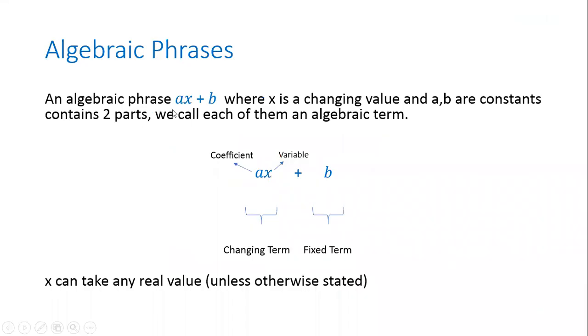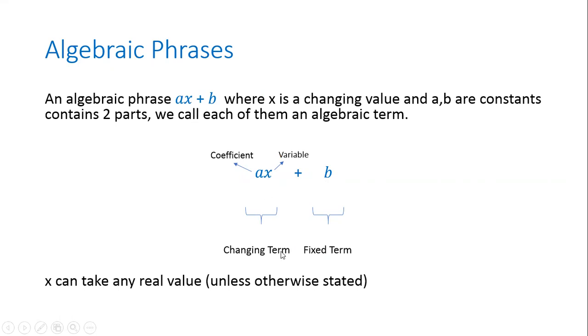An algebraic phrase ax plus b, where x is a changing value and a and b are constants, contains two parts. We call each of them an algebraic term. So here we have the algebraic phrase ax plus b. The first term is ax.